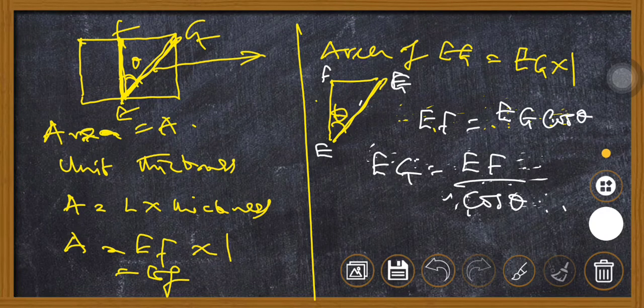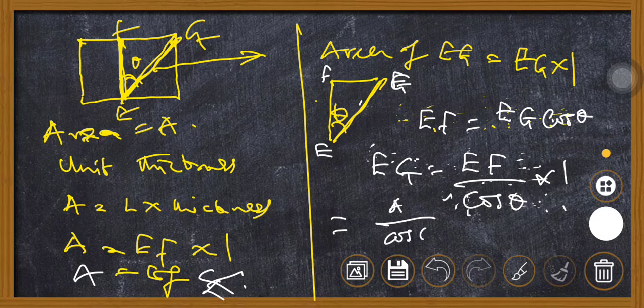Don't forget that I need the area of EG, and I said the area of EG will be equal to EG multiplied by 1. So I will have EF over cos theta times 1. Coming back to this point, my EF is equal to area A, then automatically the area of EG will be equal to A over cos theta. That is the area of this section EG that we have here.